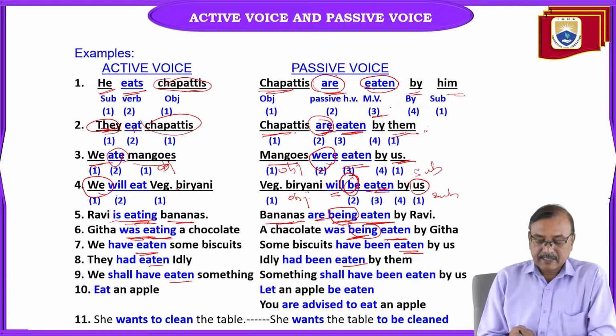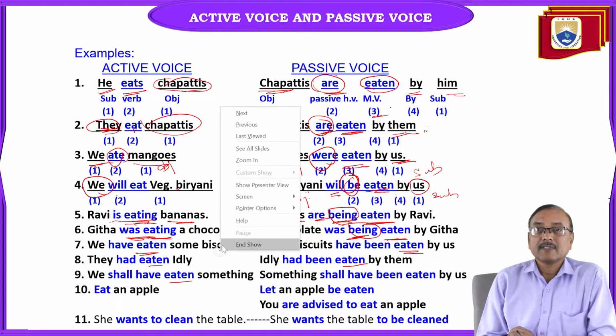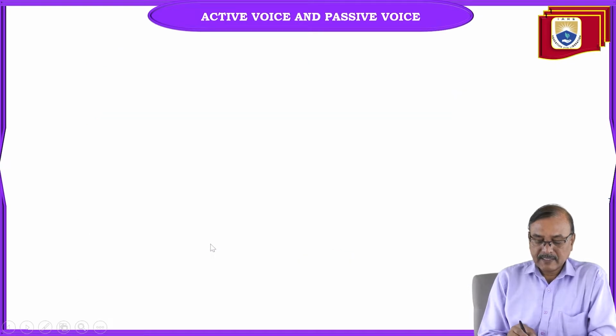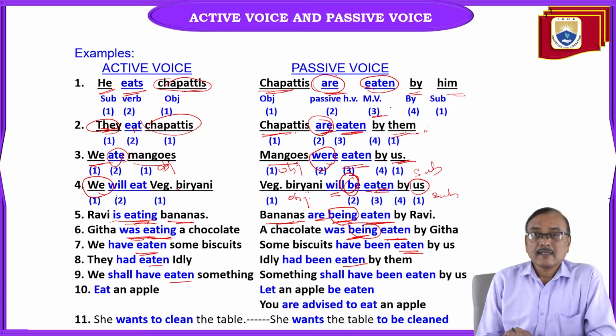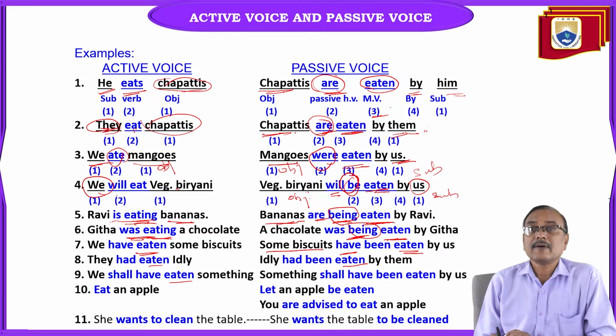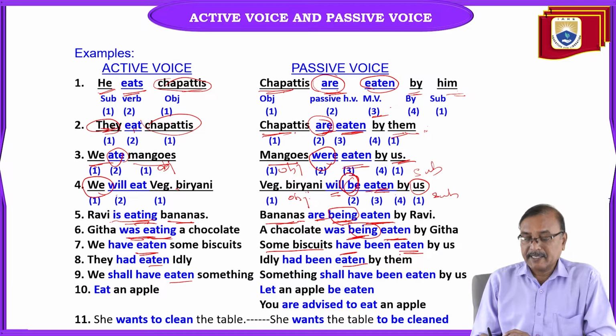And we have eaten some biscuits. Here some biscuits is coming in the beginning. Have only. So eaten only. Before eaten, what is coming extra? Been. Some biscuits have been eaten by us.